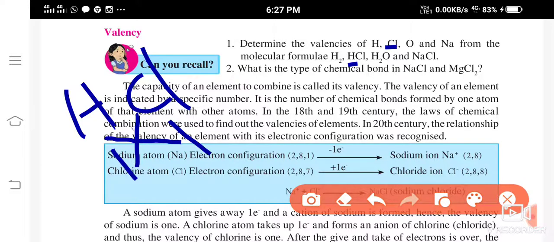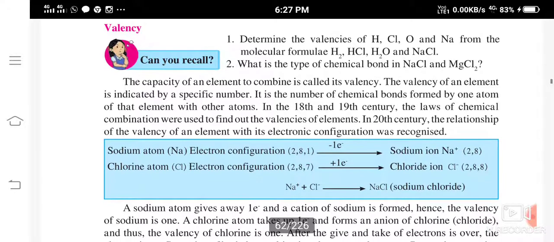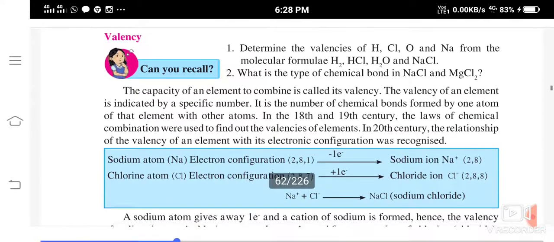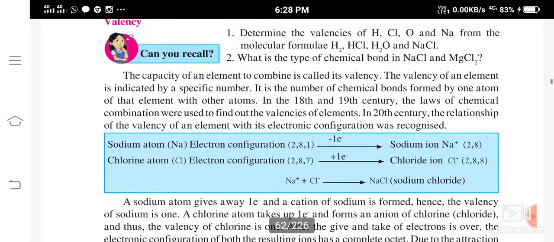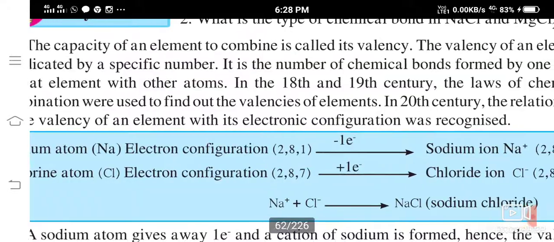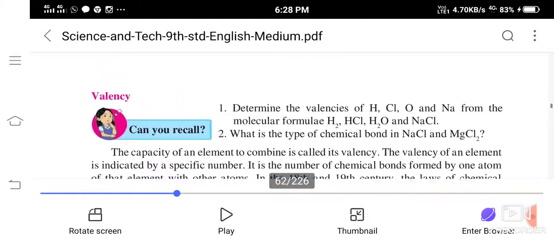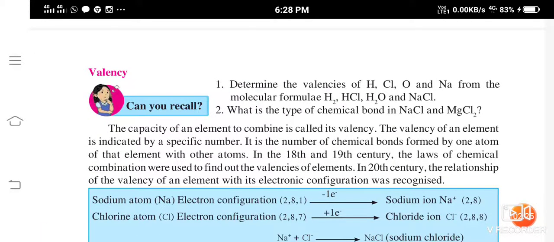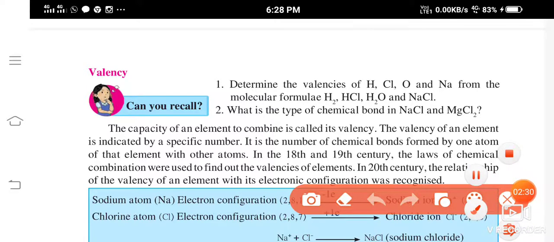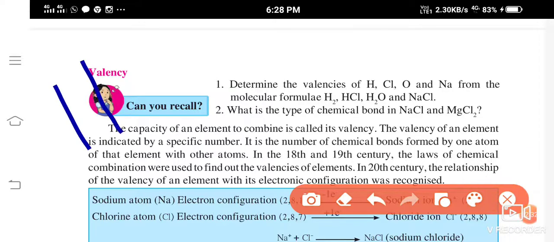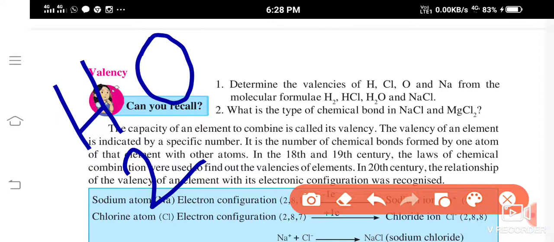Now, you take H2O. For H, how many atoms are there? 2.